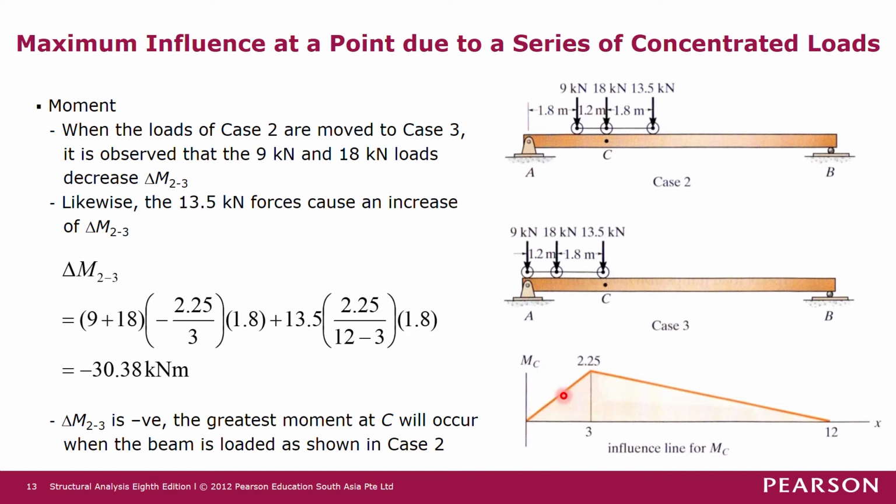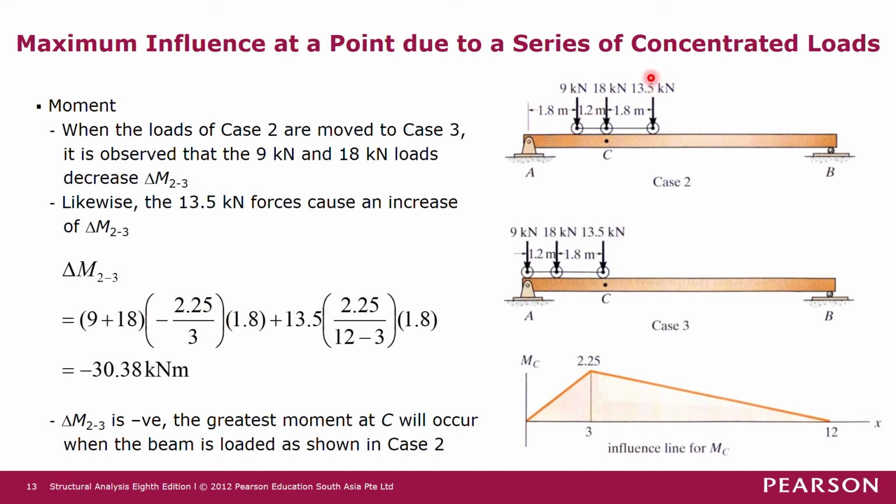So it's moving on the negative slope. Okay, so the 18 kilonewton force also moves on the negative slope multiplied by the horizontal movement. Okay, so that will give you the change in moment due to the 18 kilonewton force from right to left.